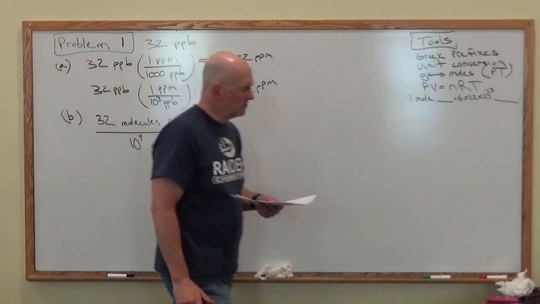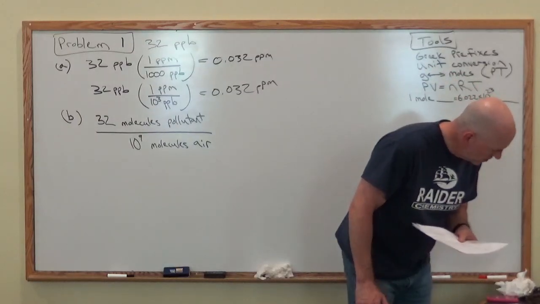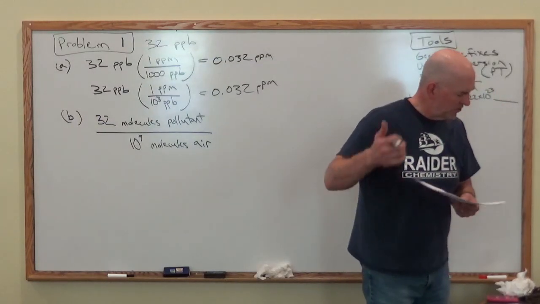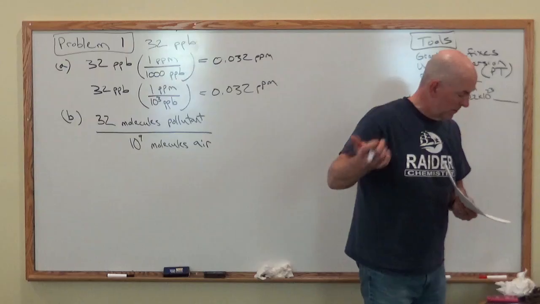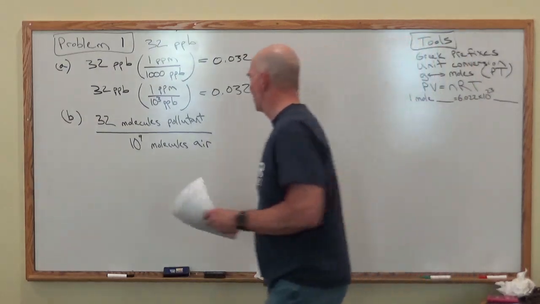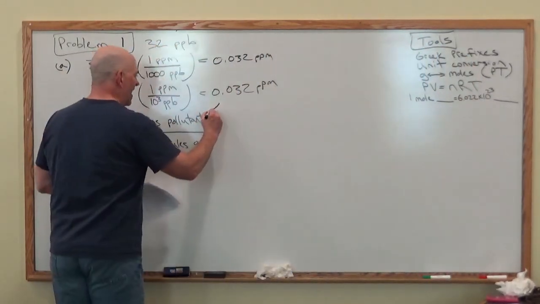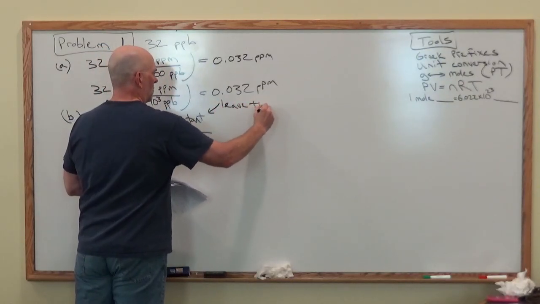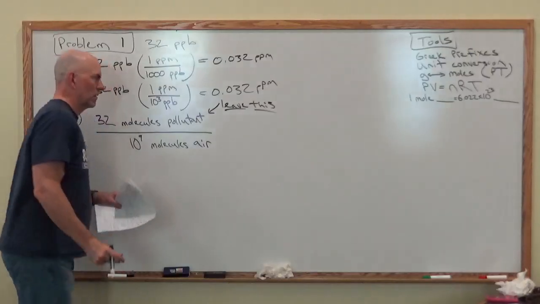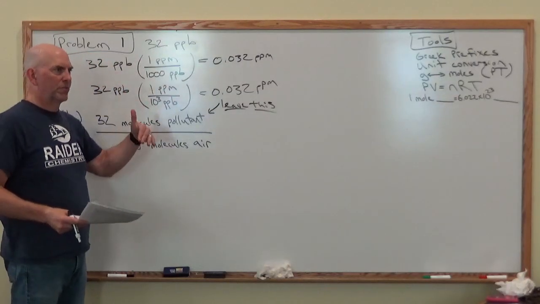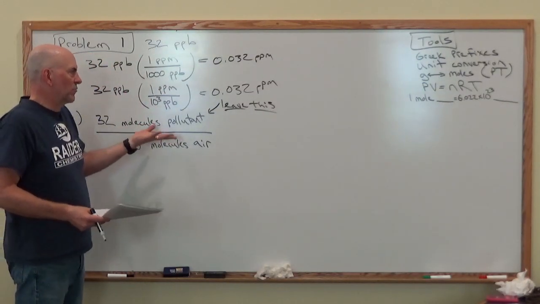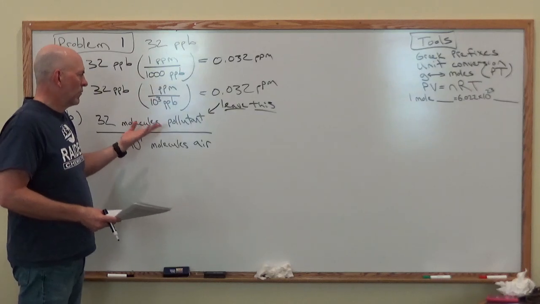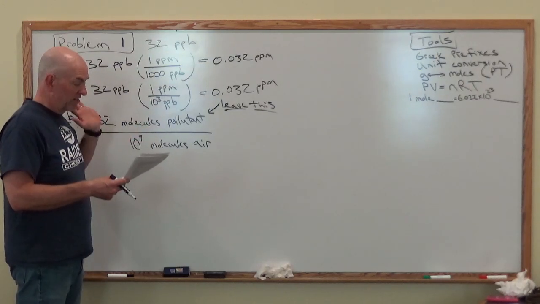What units are we going to? We want to go to molecules of pollutant per cubic centimeter of air. Well, we're already halfway there. So, molecules of pollutant per cubic centimeter of air. Cool, that's great. So we just leave that alone. The numerator is done.